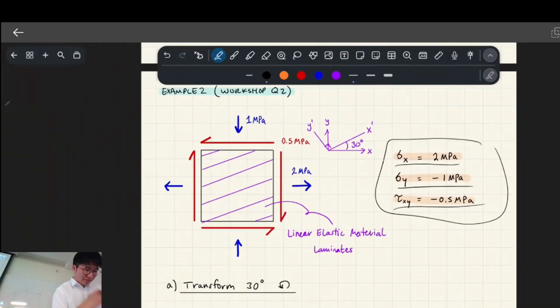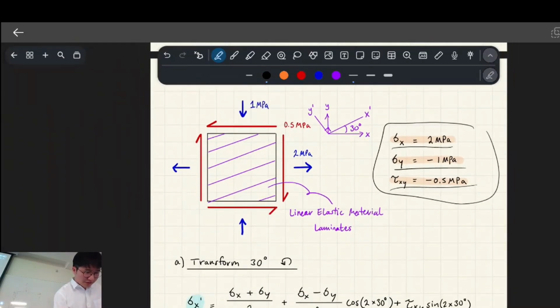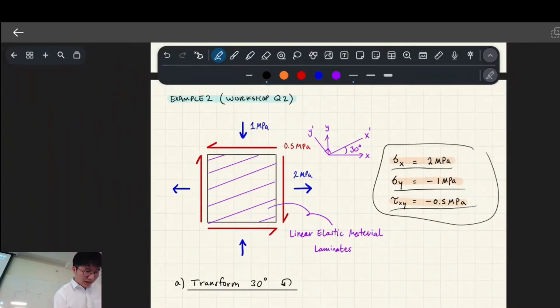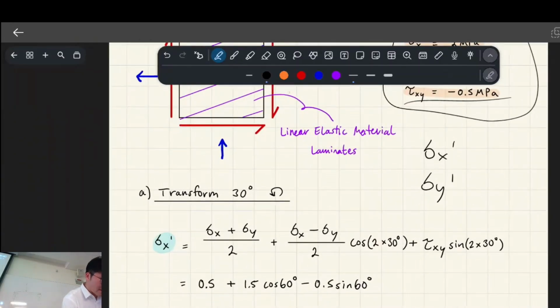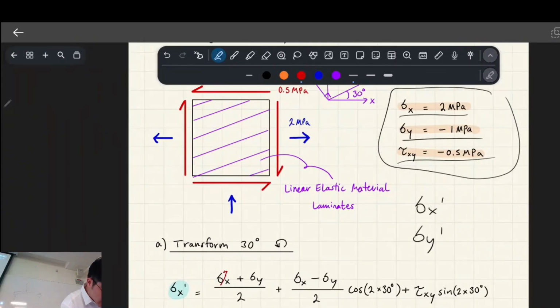The first part of the question asks what the values are for the transformed stress once you rotate it 30 degrees. So we're just going to plug in those numbers: 2 MPa and negative 1 for x and y respectively, and negative 0.5 for the shear.